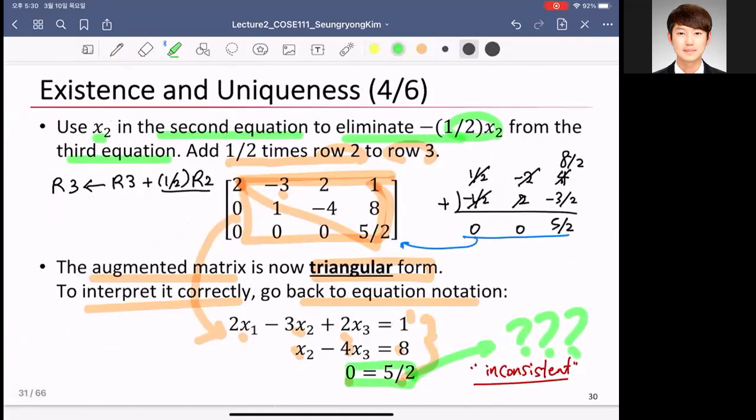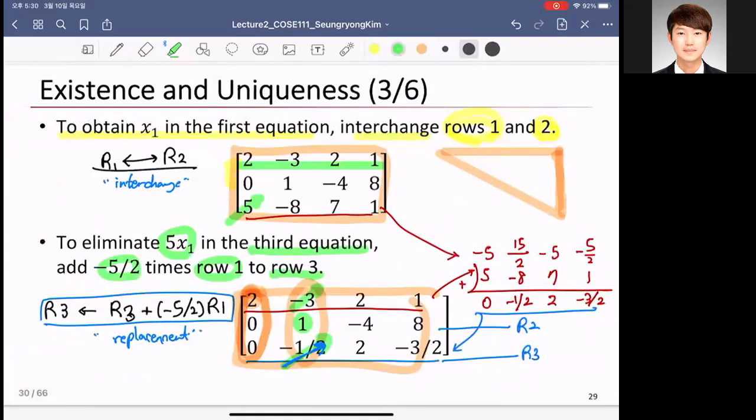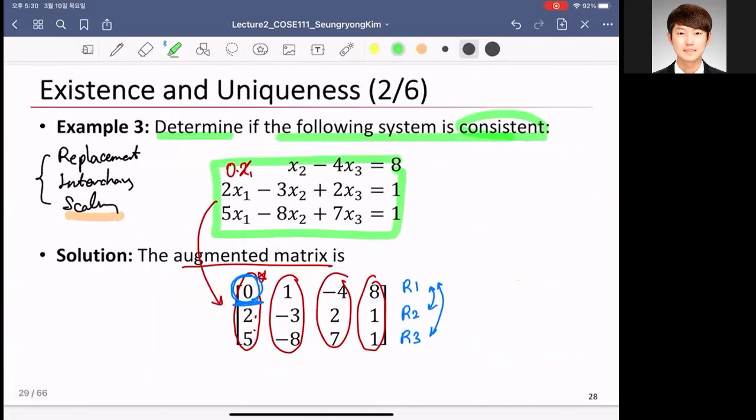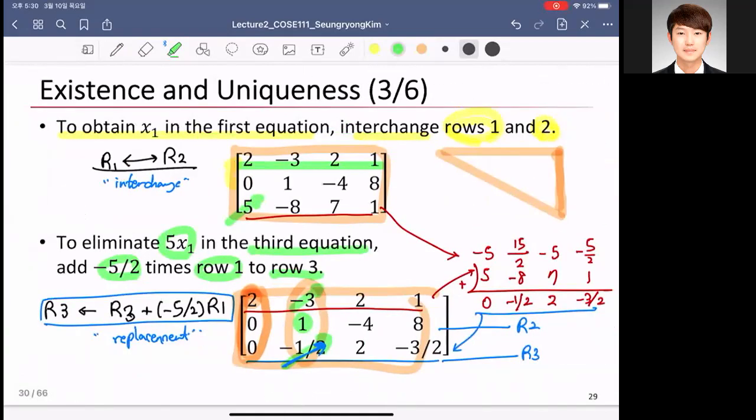So, okay, let's compare example 1 and example 2. The solving strategy was similar, but by just using the augmented matrix and row operation, we easily derive a new linear system that is easier to solve.